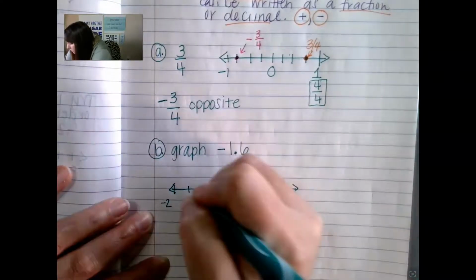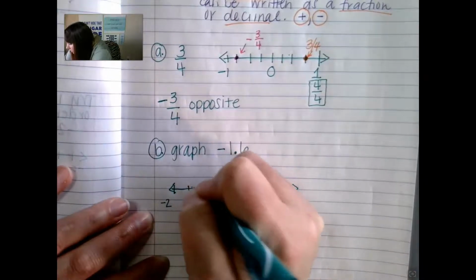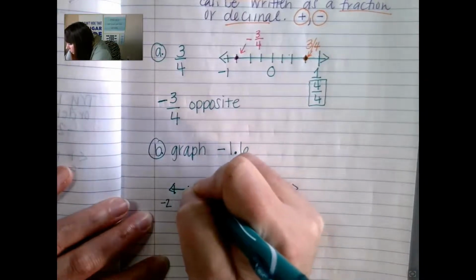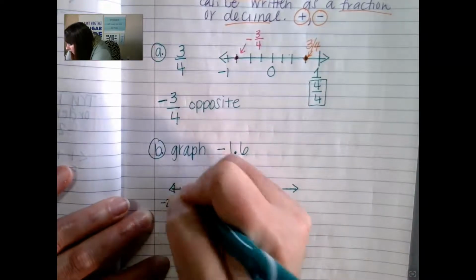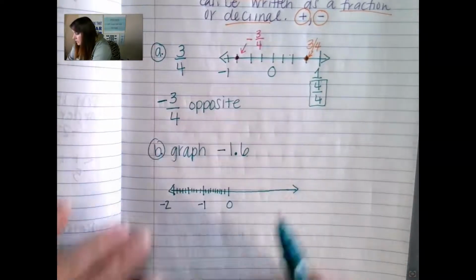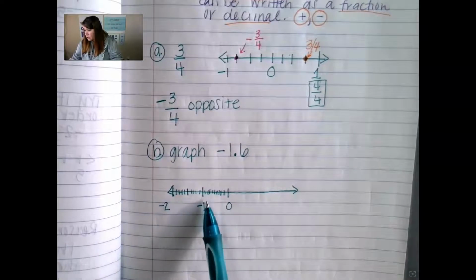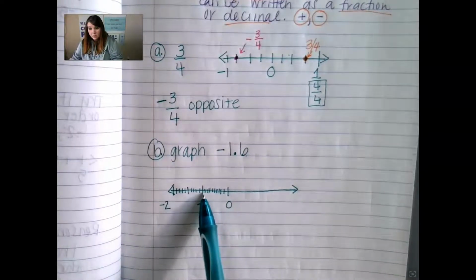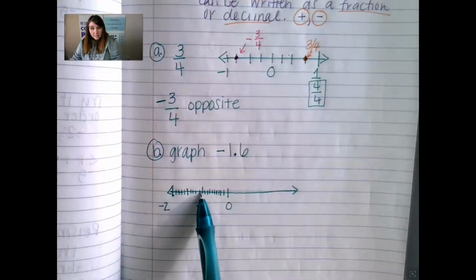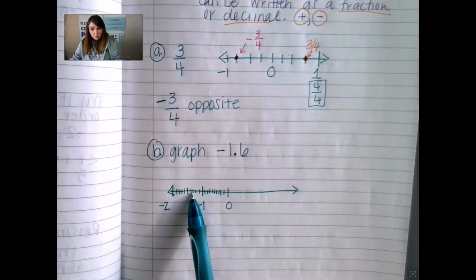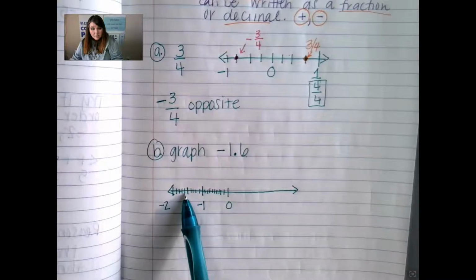There's half, so 1, 2, 3, 4, 5 tenths, 6, 7, 8, 9, 10 tenths. So that means that I would have to jump from 1 whole. So there's my negative 1 whole, plus 6 little lines more. 1, 2, 3, 4, 5, 6.